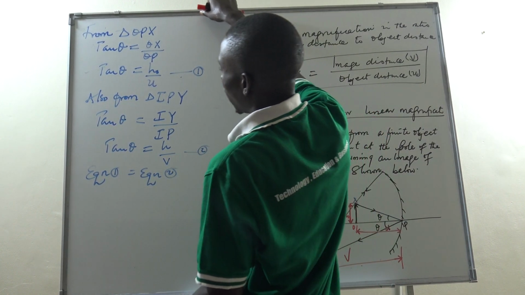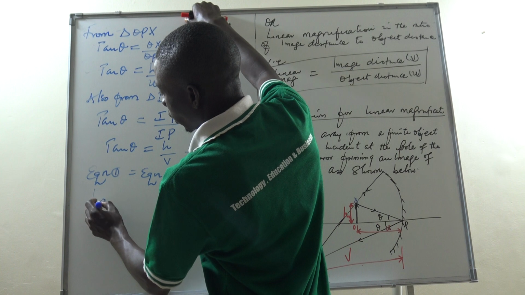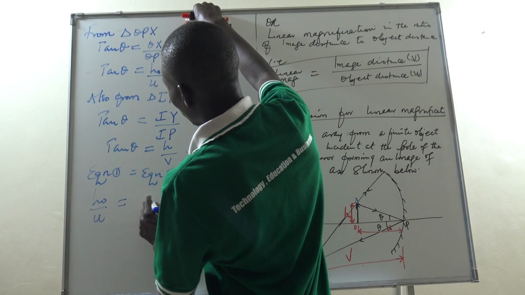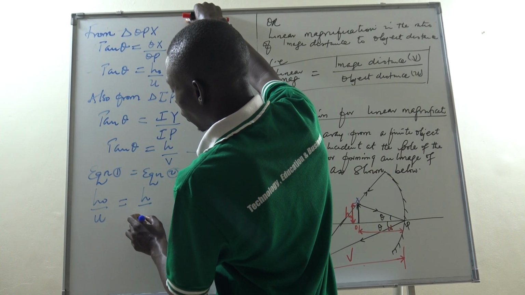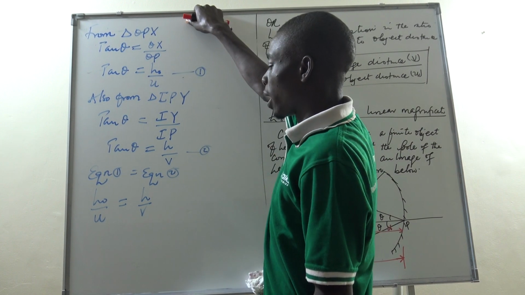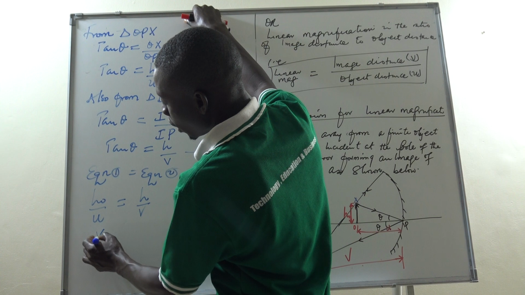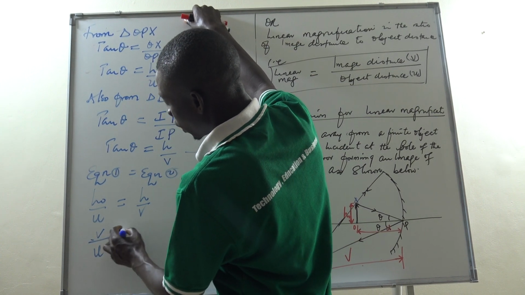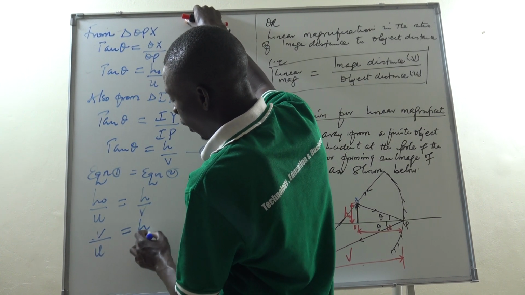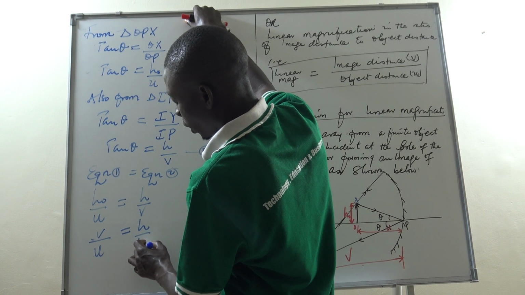Is that okay? And then from there we can say h naught out of u is equal to h out of v. Okay? When we rearrange this, we shall have v out of u is equal to h out of h naught. Isn't it?